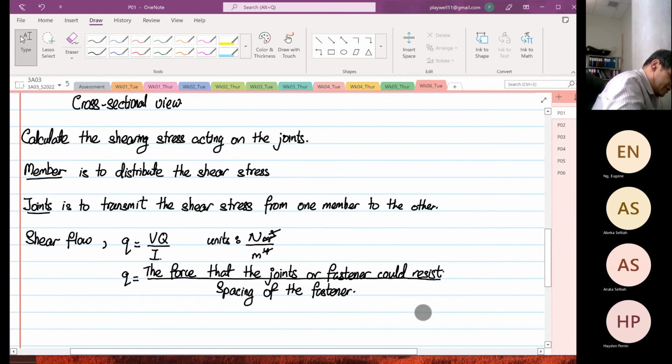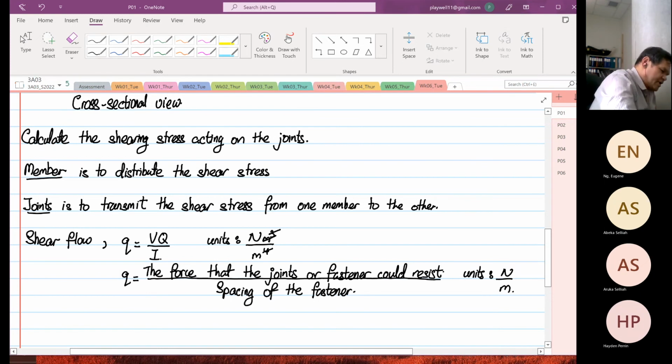The units over here, it's force, Newton, so if we look at the units again, it's again Newton per meter.